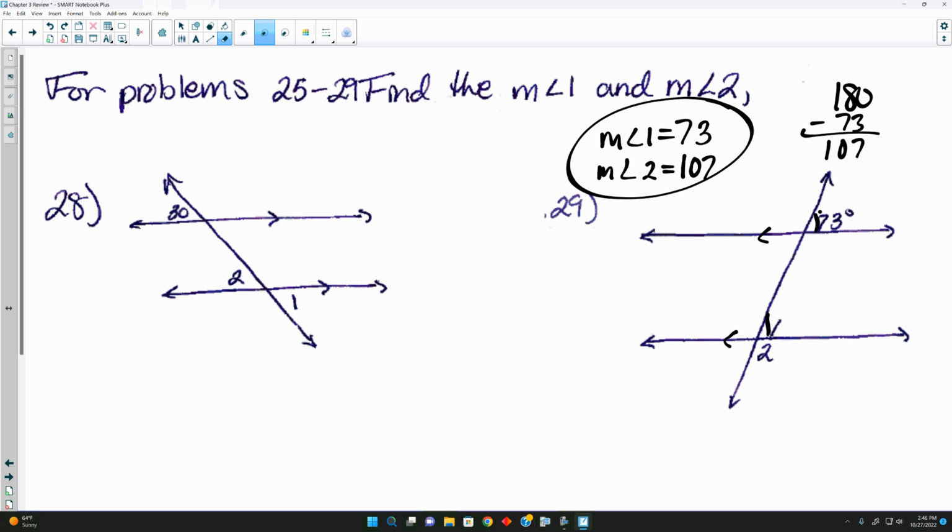Yes, so they're congruent. Then we can look at 73 degrees and angle 2. Are they corresponding angles? Well, no. Are they alternate interior? Alternate interior is in between the lines, and they're not in between. Are 73 and 2 alternate exterior? They're both outside, and are they on opposite sides of the transversal?